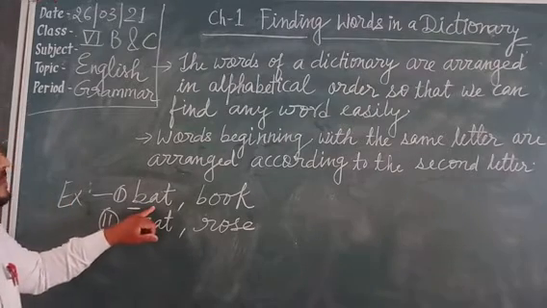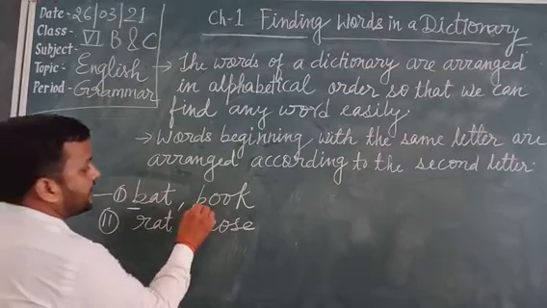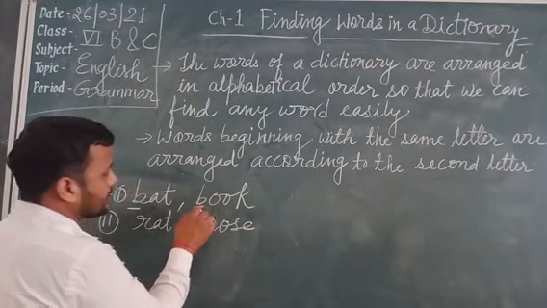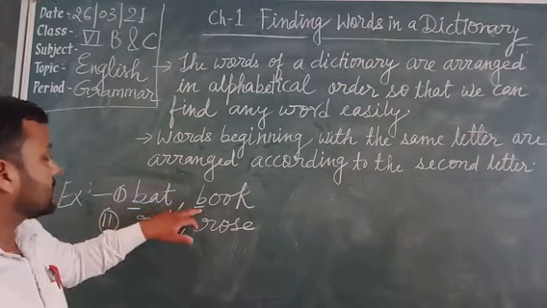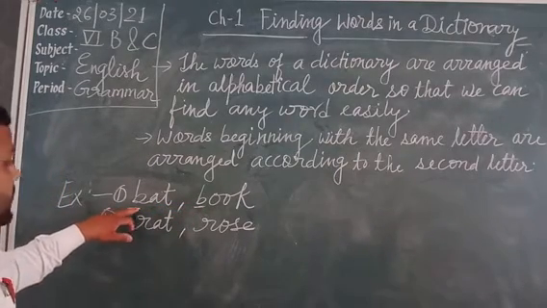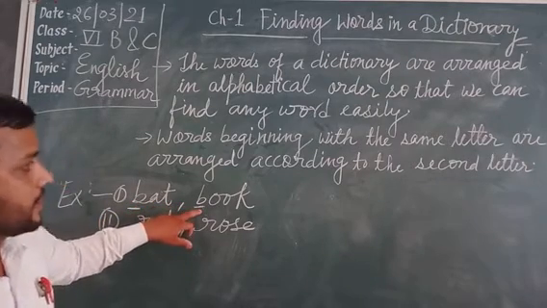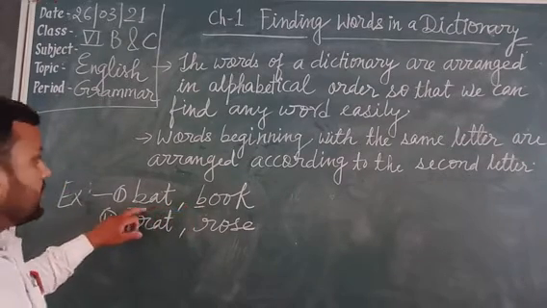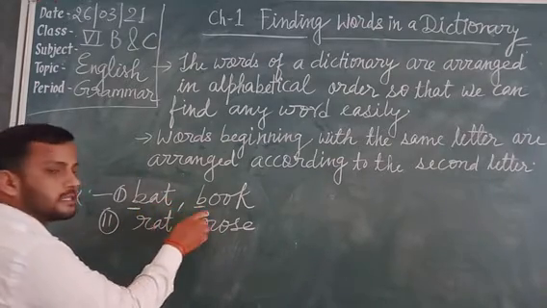Bat begins with B, and book also begins with the letter B. So these two words begin with the same letter B. They will be arranged according to the second letter, because the first letter is the same.